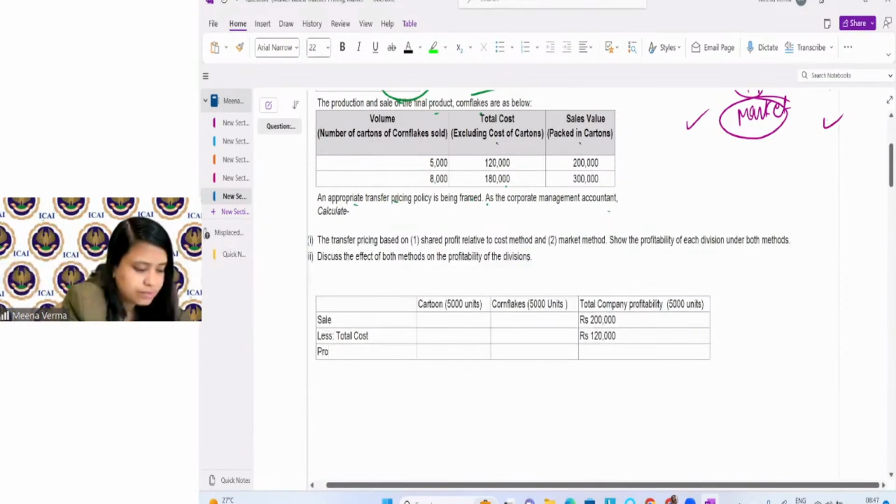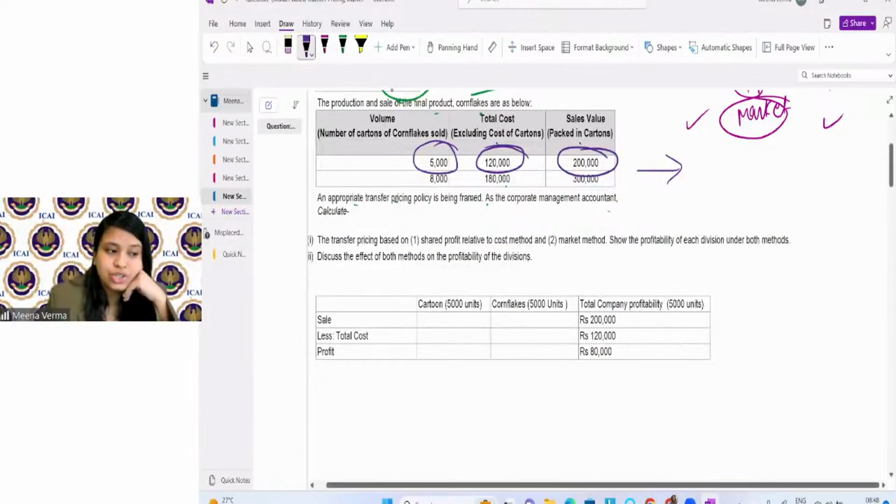What is the profit? The company's product information is that the total final sale value will be 2 lakh, the total cost will be 1,20,000. So this will give the profitability for this 5,000 units.